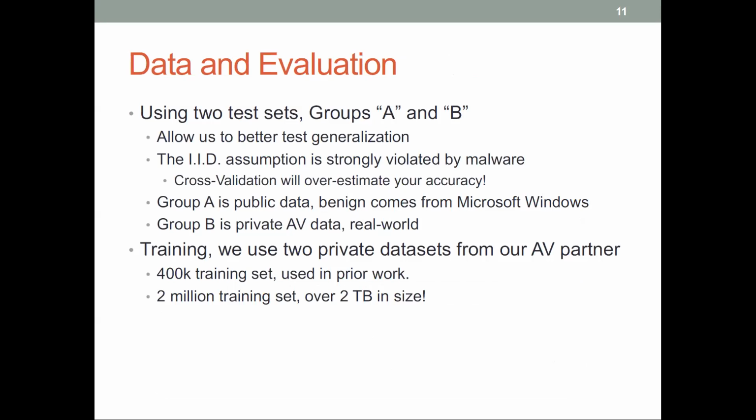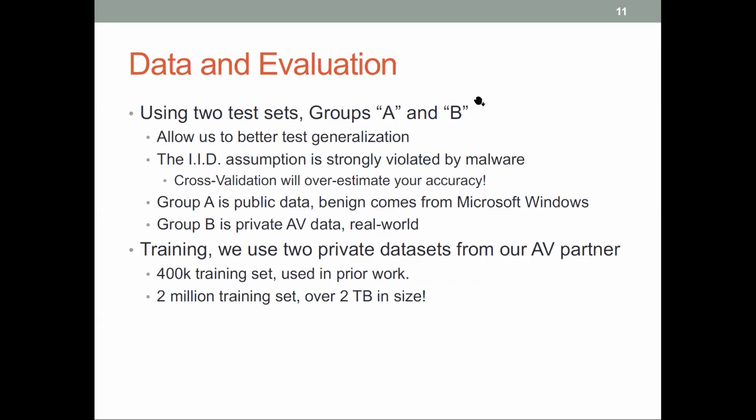So how do they evaluate this architecture? First, let's talk about the datasets they use. They use two different datasets. They call them dataset A and dataset B. The idea is to get a better evaluation of the generalization achieved by the model.